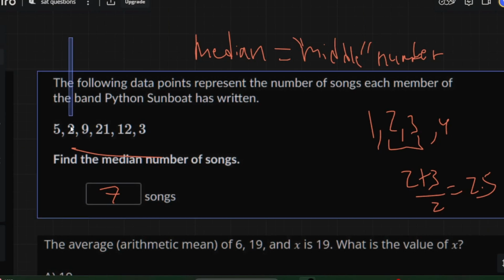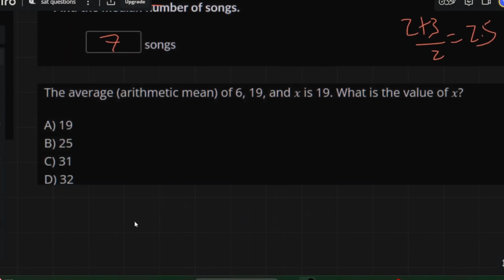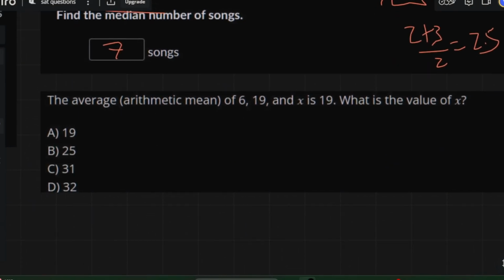Now, let's take a look at average. Whenever you see average in regards to numbers like this, it's going to mean mean. Okay, mean is essentially your average. So we're given 3 numbers here, 6 plus 19 plus x, and we're saying our average is 19. Before we get into something a little more complex like that, let's just take a look at how to calculate mean.